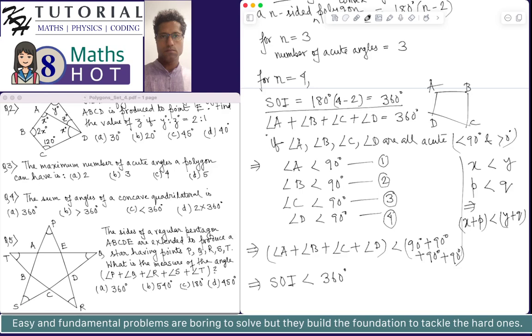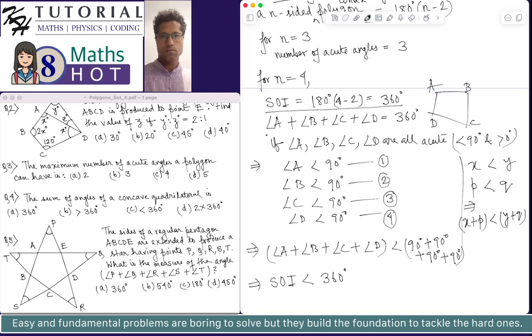But if we consider that all the interior angles of a polygon of side 4 are acute, then the sum of the interior angles is less than 360 degree, which is not possible, because we know that the sum of interior angles has to be equal to 360 degree for n equals 4. Okay, so it didn't work. So n equals 4 is not a solution.